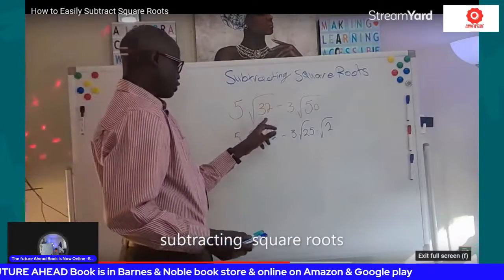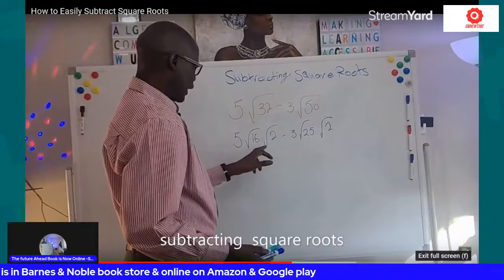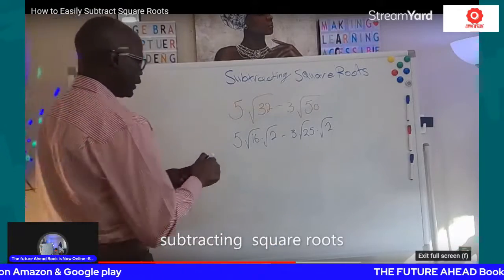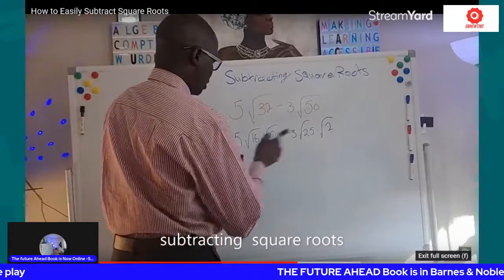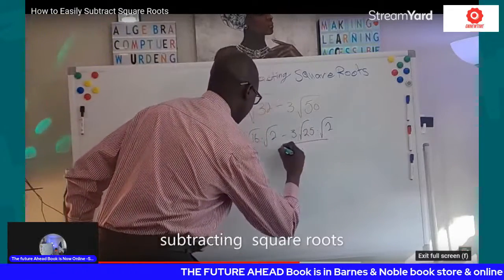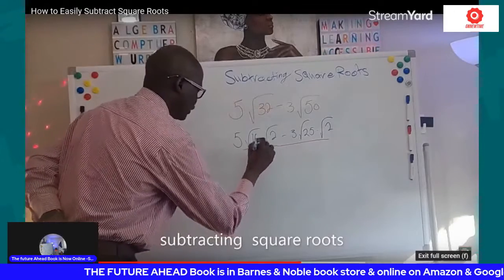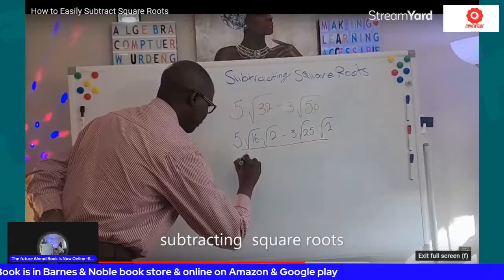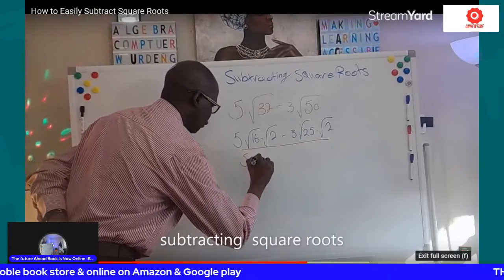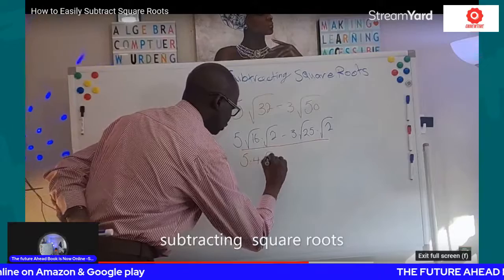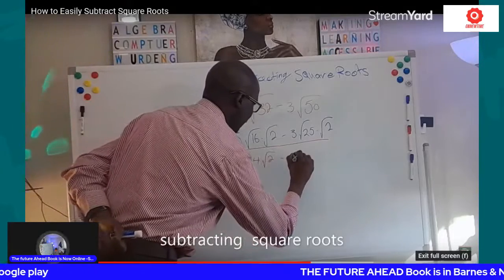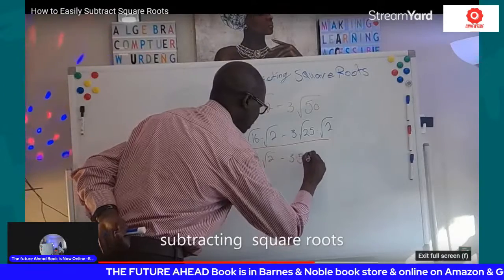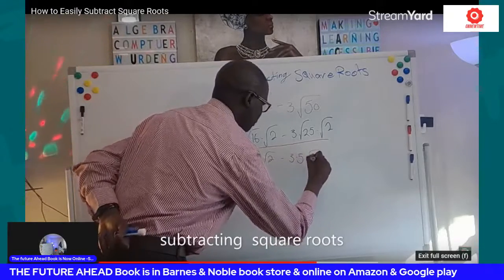We simplify 32, which is 16 times 2, the square root of 2. From here, we can say that we take 16, so the square root of 16 will be 4. So it will be equal to 5 times 4 times the square root of 2 minus 3 times 5 times the square root of 2.